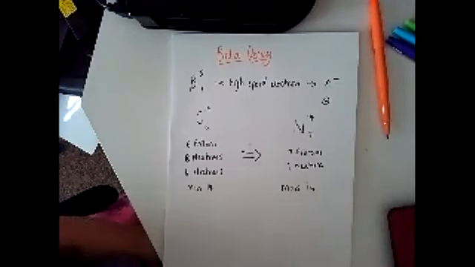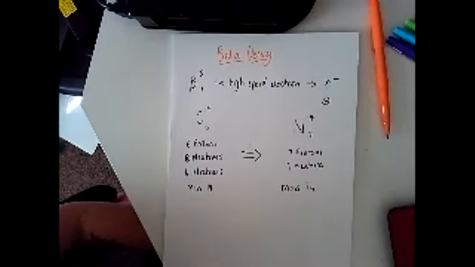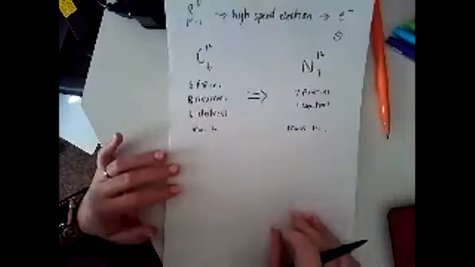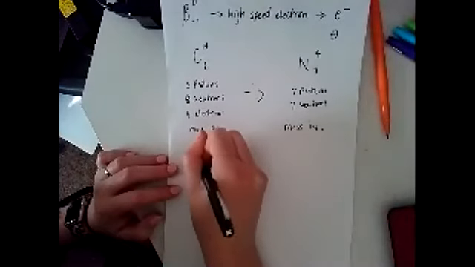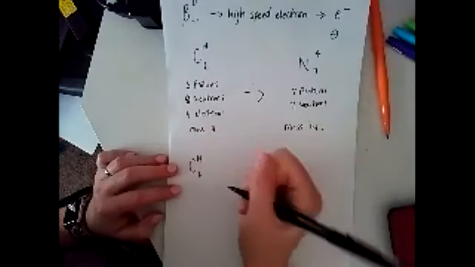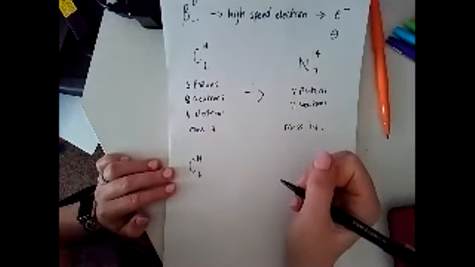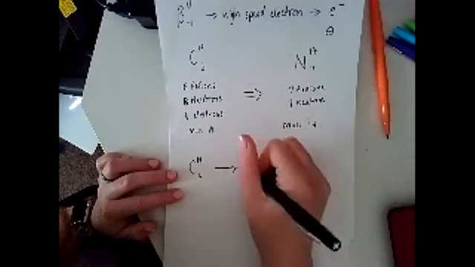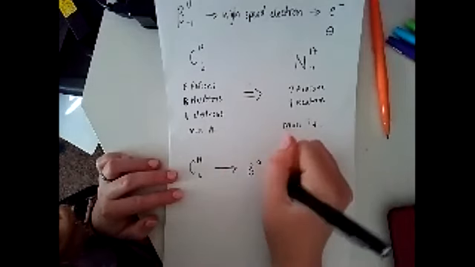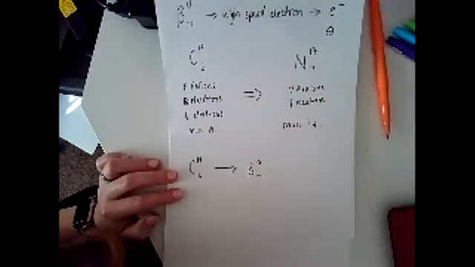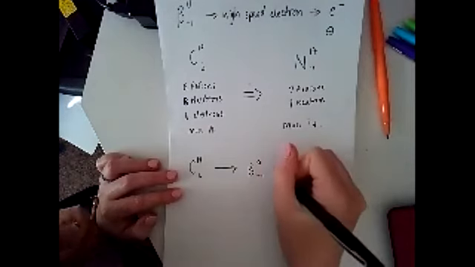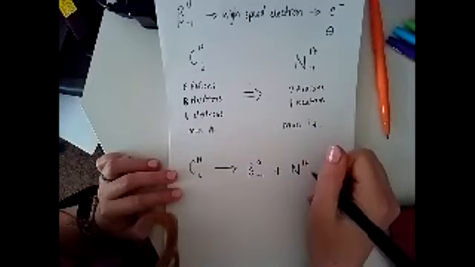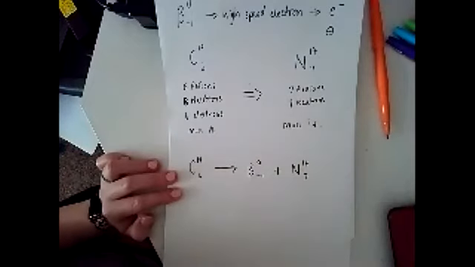So let's have a little look at how we would write this out if it was an equation. So we've got carbon 14 with our 6 protons, and that's going to decay into our beta particles. So we're going to write our beta particle in first, so we know what type of decay we're talking about, plus the new element, the nitrogen 14 with its 7 protons.